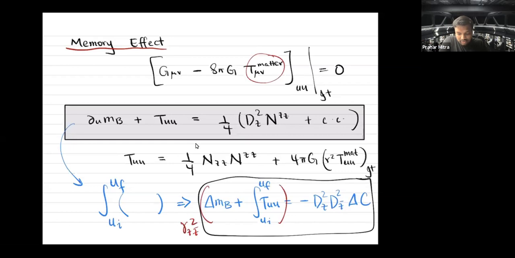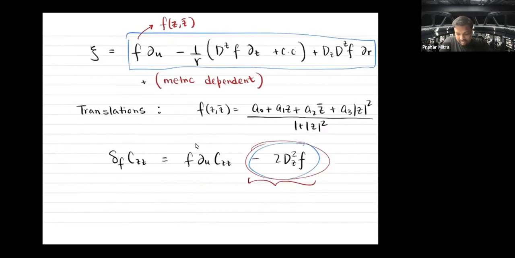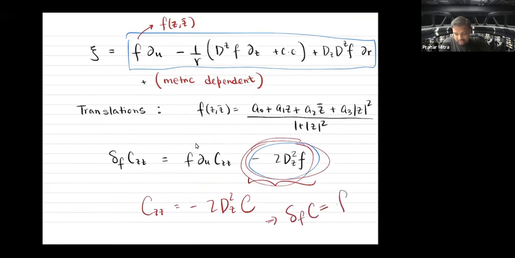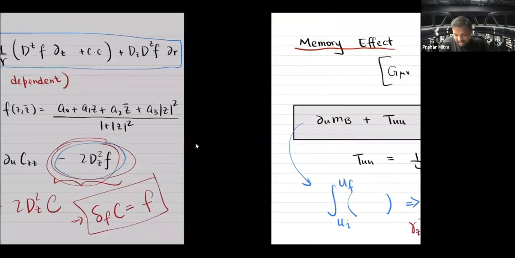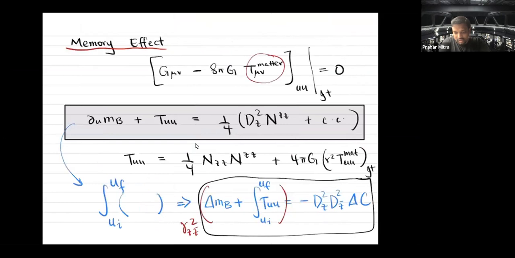And remember how supertranslations acted. Writing C_zz = -2 D_z² f, the action of supertranslations on C is simply an angle-dependent shift with a function f. So this ΔC that's appearing over here is precisely a supertranslation, precisely ΔC of some f.